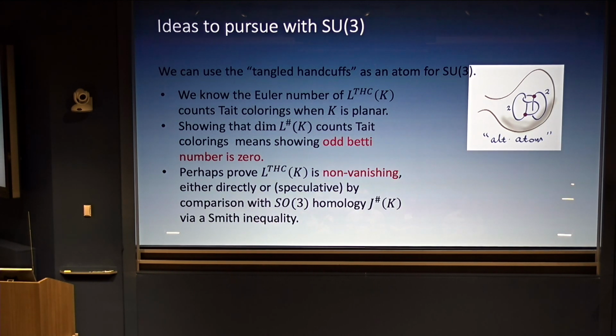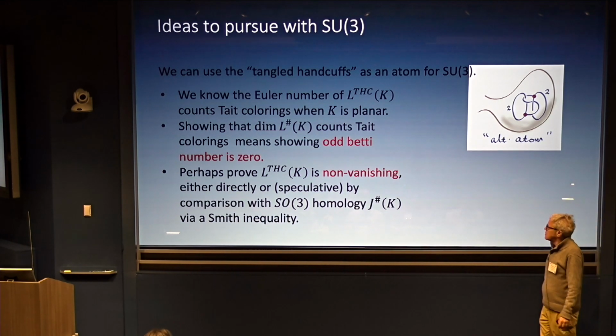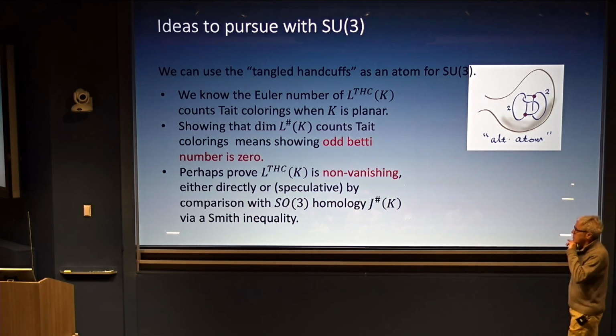You're trying to show the odd Betti number is 0, because you know what the Euler number is. So think about it that way. Try and prove that for a planar graph, the odd Betti number is 0. And as I said, there might be at least a speculative plausibility argument for non-vanishing in terms of a Smith inequality for a Z mod 2 action on the configuration space, something which works for the tangled handcuffs, but not for the green atom.